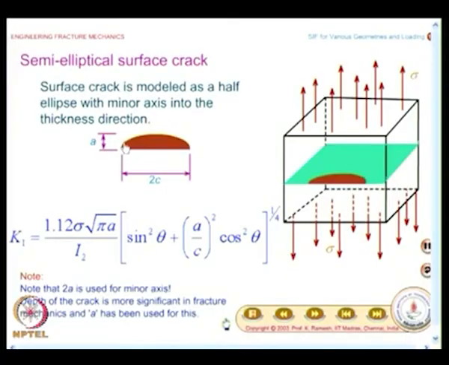As we have modeled the surface crack as a semi ellipse, we now change sigma to 1.12 sigma, and we will again look at similar results to what we had seen in the embedded flaw. The stress intensity factor does not remain constant, but varies on the periphery of the crack front, and we will see on the major axis and at the ends of the minor axis how these values turn out to be.